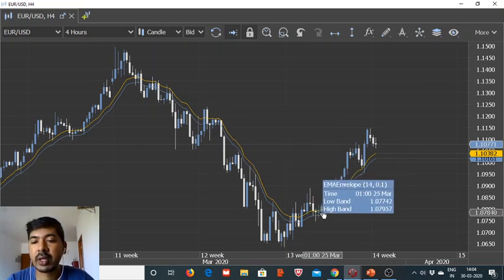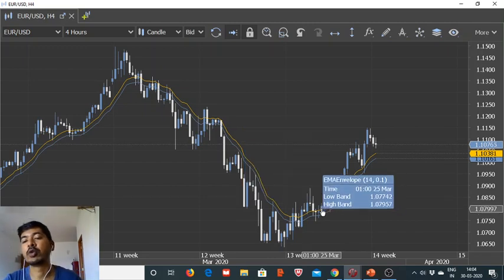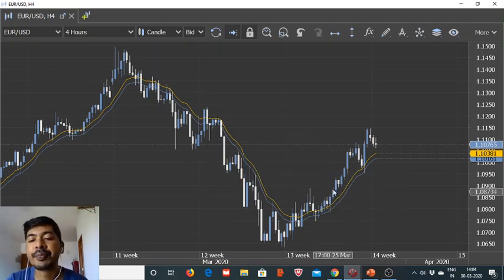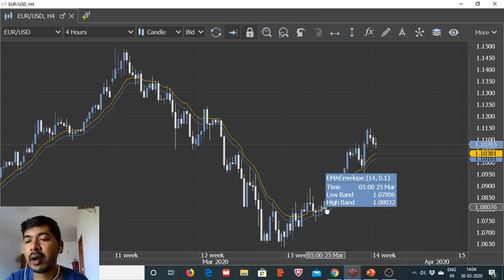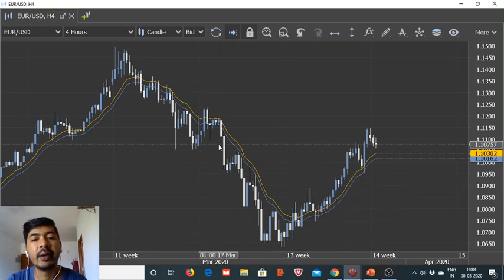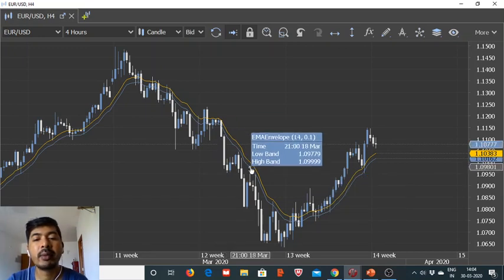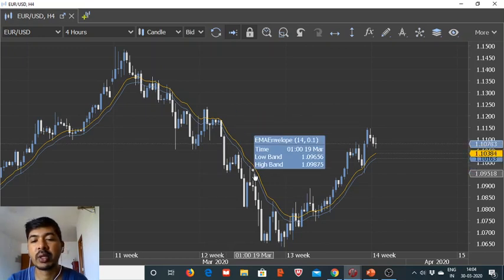We want to make sure that the minimum price should be below the high band of the EMA envelope whenever we are in a buy trade, and the high price should be above the lower band whenever we are in a sell trade.